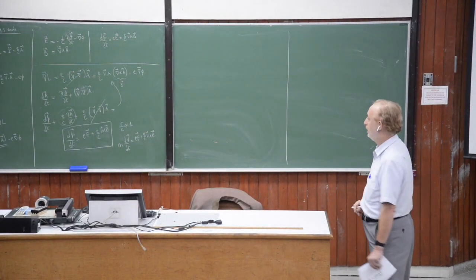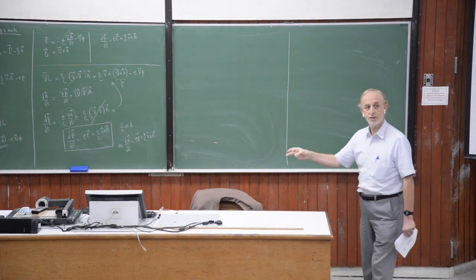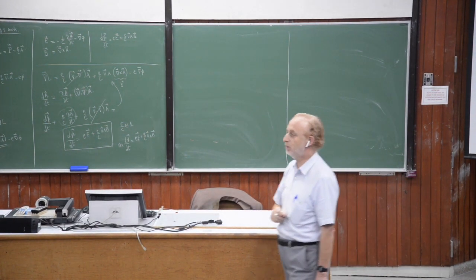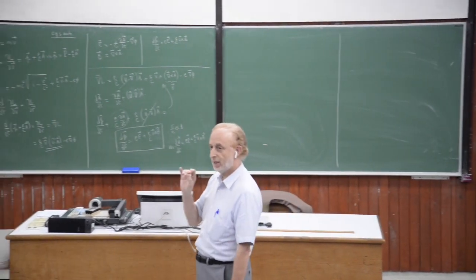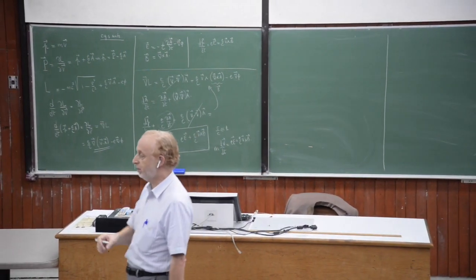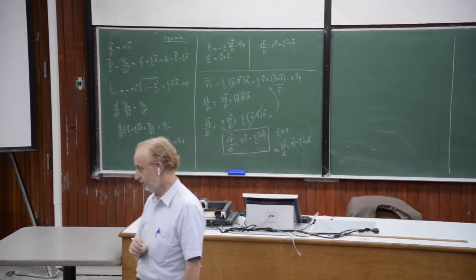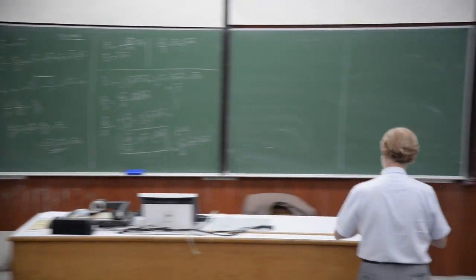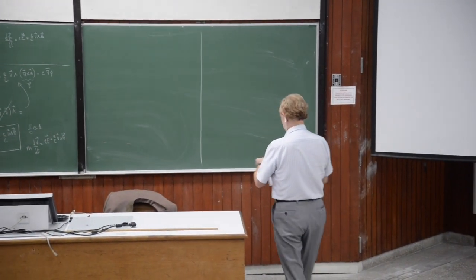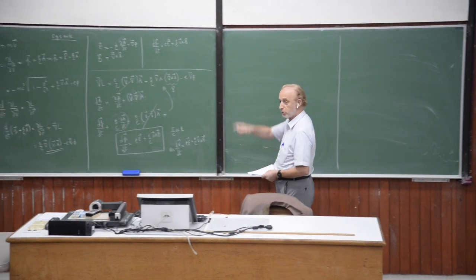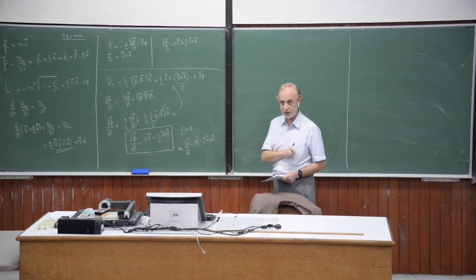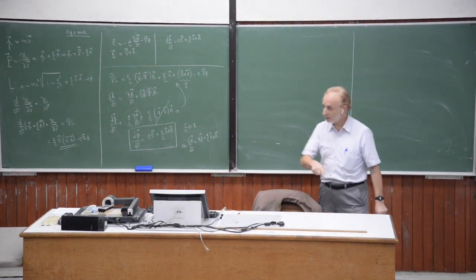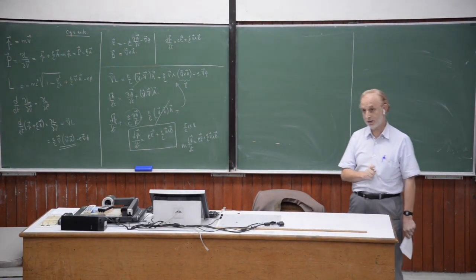Okay? Now let me rewrite this in four-dimensional form. And in the process, I will introduce something we call the electromagnetic field tensor. Now remember the action we started with? We had the action for the particle, and the action for the interaction of the electromagnetic field with the charged particle.